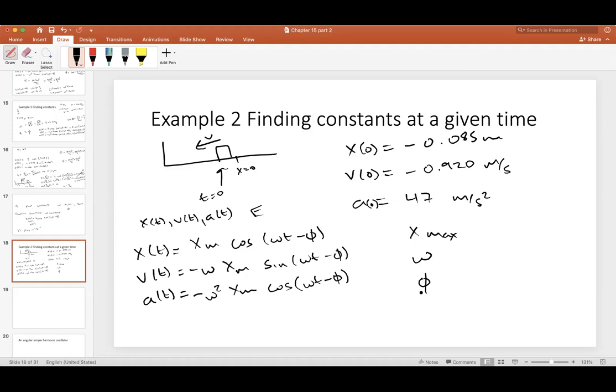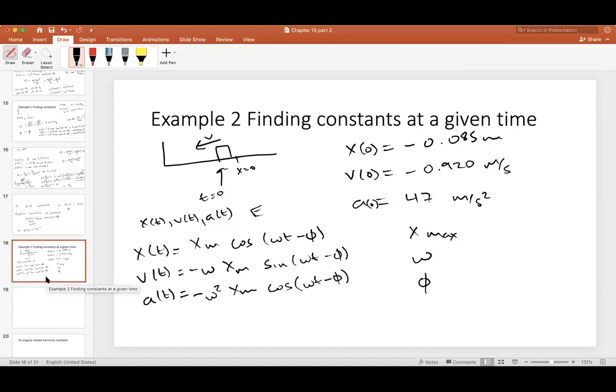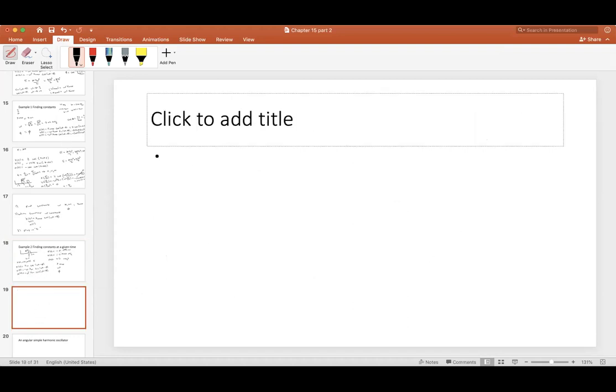And how we're going to do that is actually quite clever. So I'm going to find omega first because it's the easiest. Note that a naught over x naught is minus omega squared times x max times cosine of omega t minus phi.